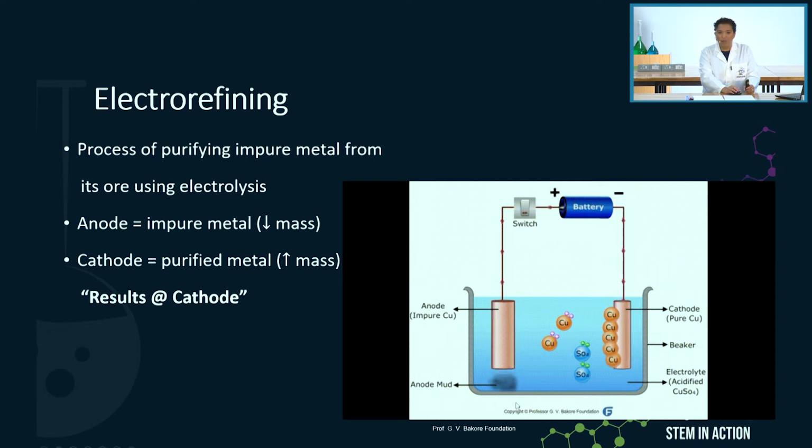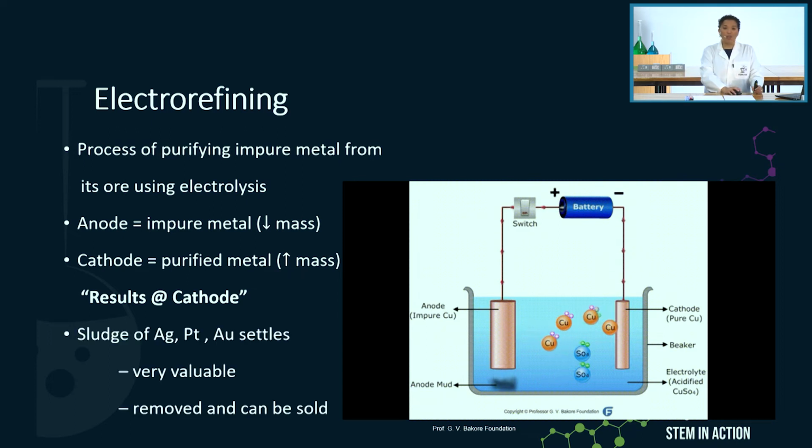At the bottom here, we find a little gray, sludgy shadow. It's a very valuable, sludgy shadow. The impurities are sometimes of value. For example, those impurities could be silver, platinum, gold, and that gets released from the impure metal, and we could actually use it because it's so valuable.